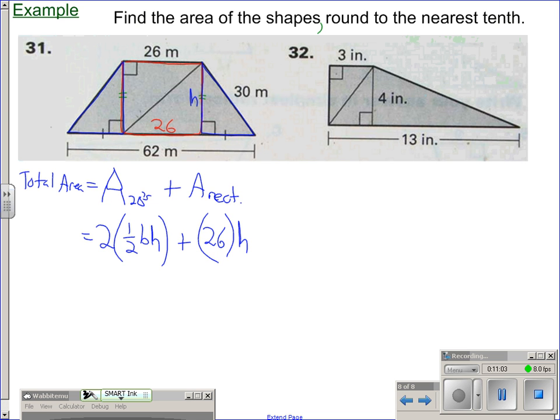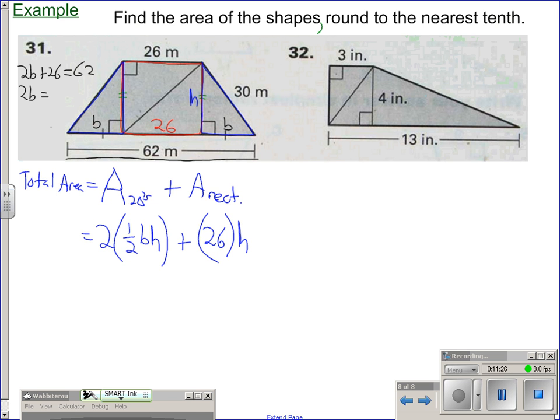In this shape, we got this 62 all the way across. Now it's made up of 3 parts. We'll call these the bases here of those right triangles. There's 2 of those plus that 26. Those come together to form the 62. So we got 2b plus 26. When we add all that up, that's our 62.